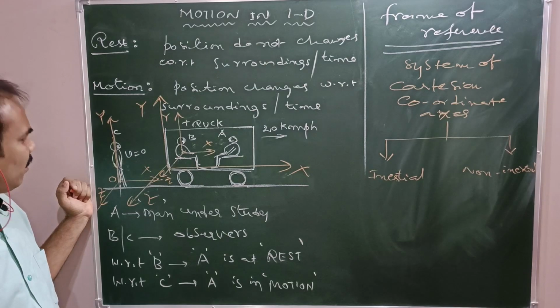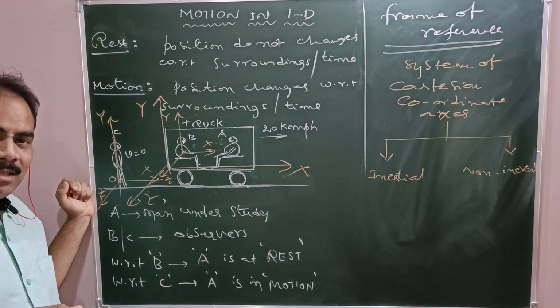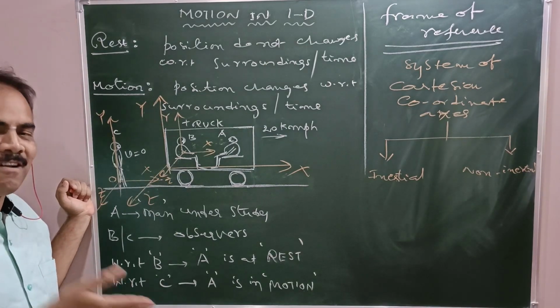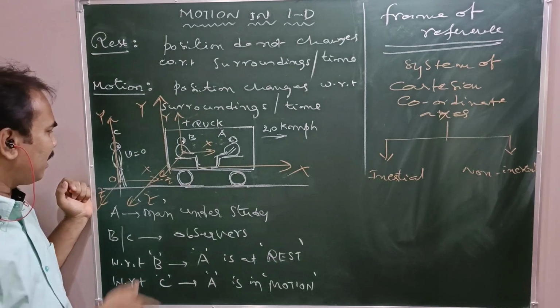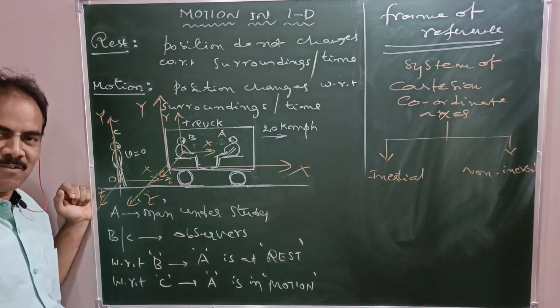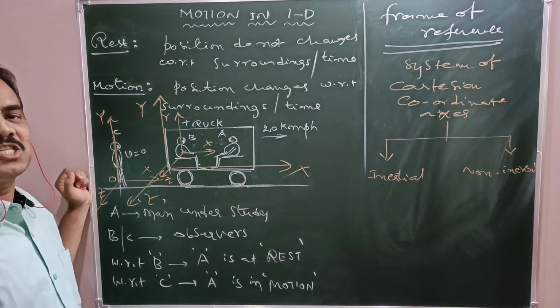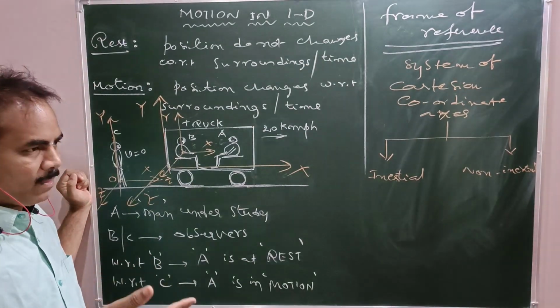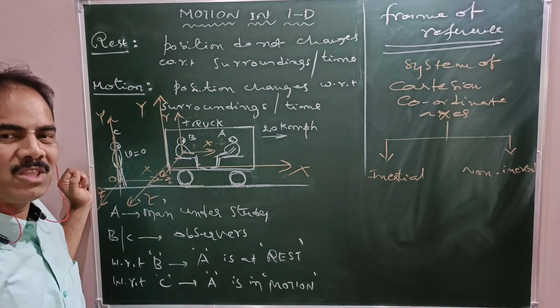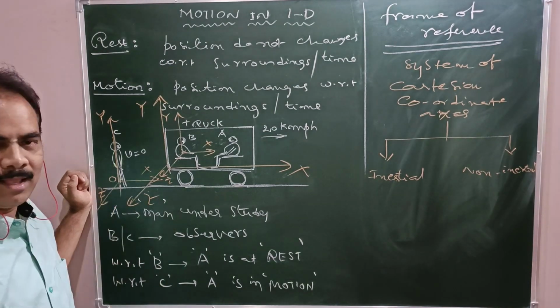Right? If the observer is in uniform motion, means moves with uniform velocity, then also that observer is said to be an inertial observer. In both cases, that frame is said to be an inertial frame.